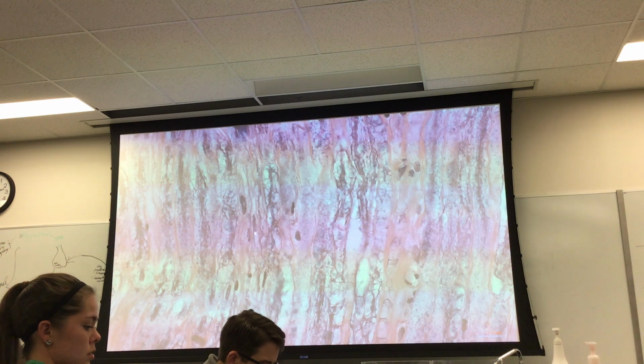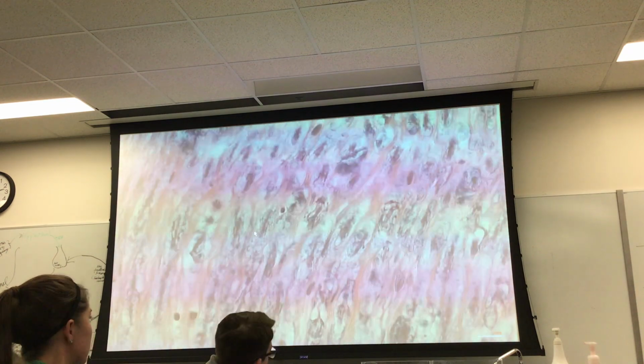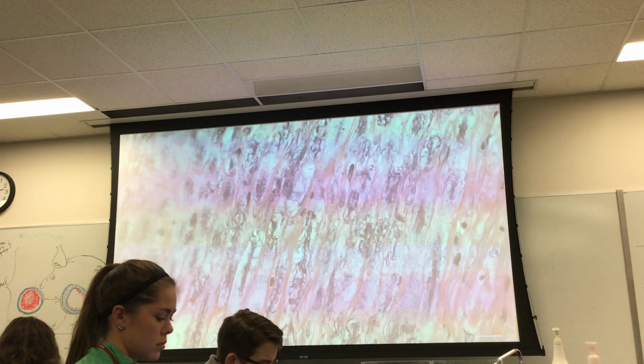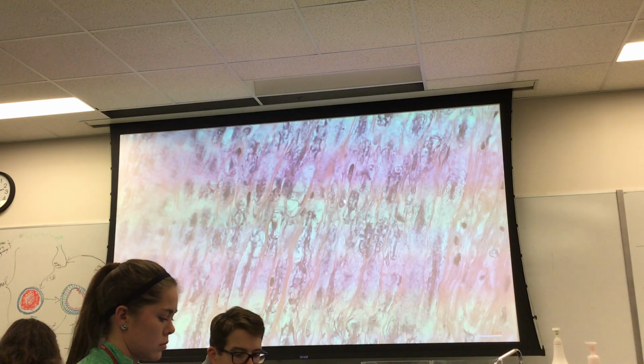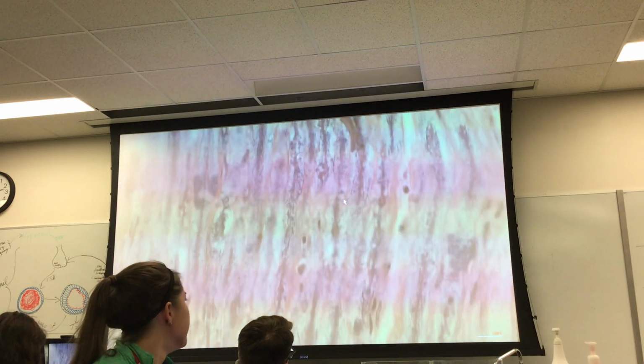Now the other thing about a nerve cut in longitudinal section like this is you might have the possibility of seeing a node of Ranvier. You just gotta get a stretch where it's all nice and longitudinal.